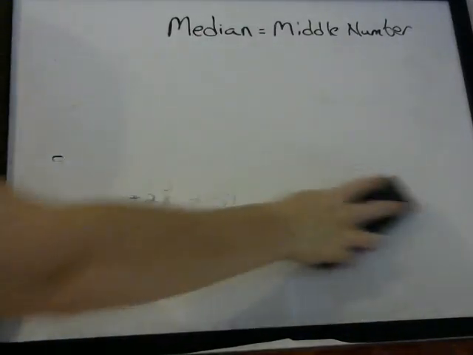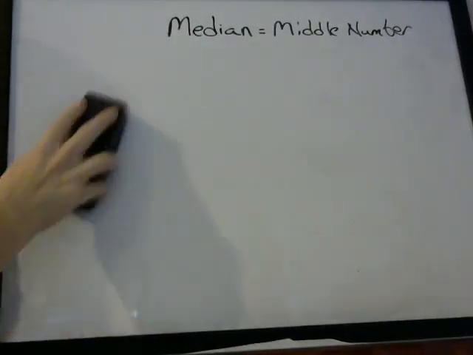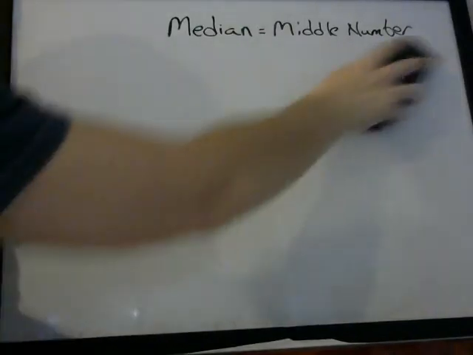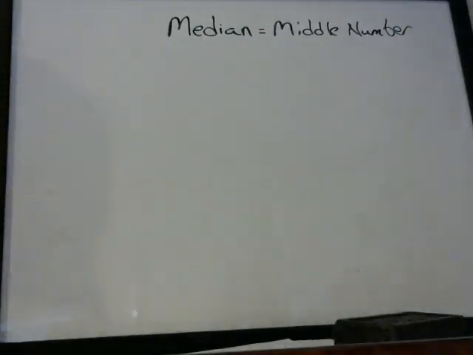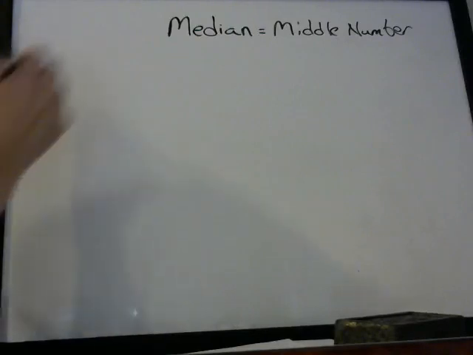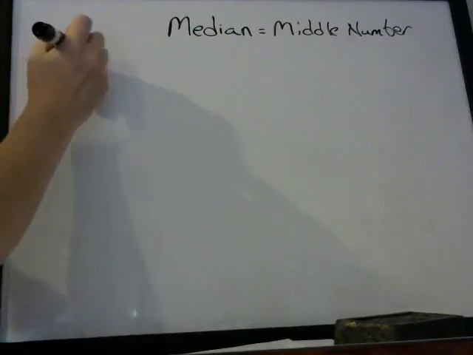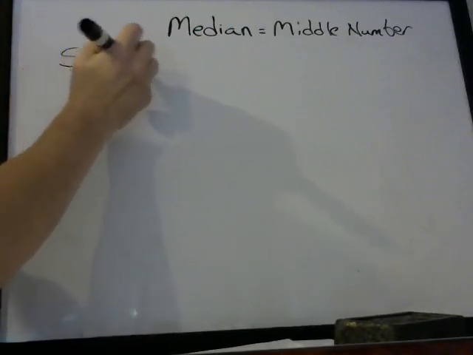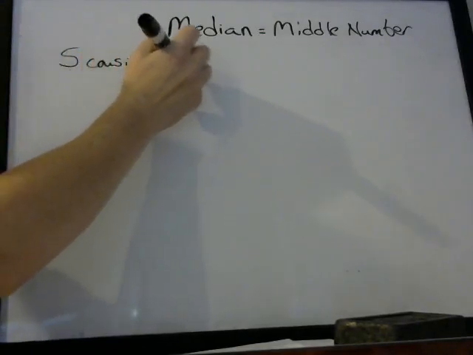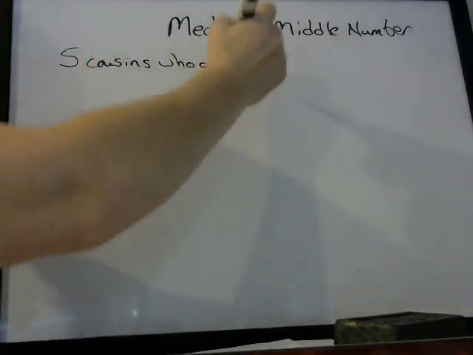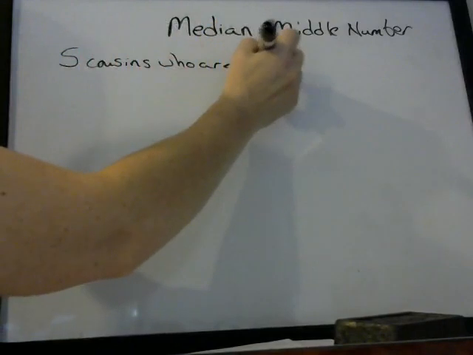So let's say there's going to be a word problem that says a guy goes to his family reunion. He meets 5 cousins who are 24 years old.